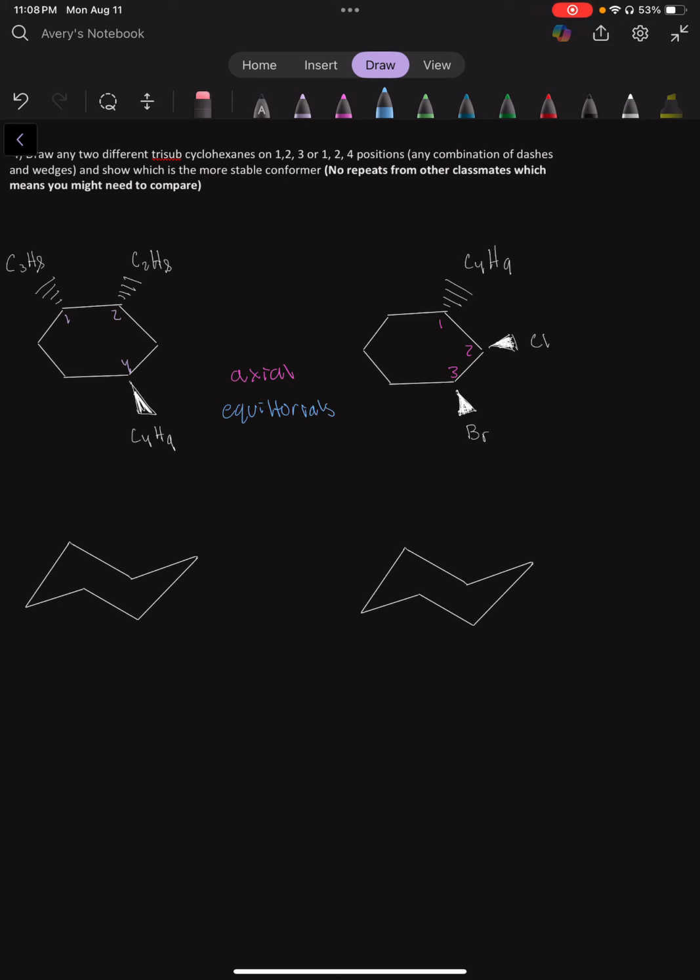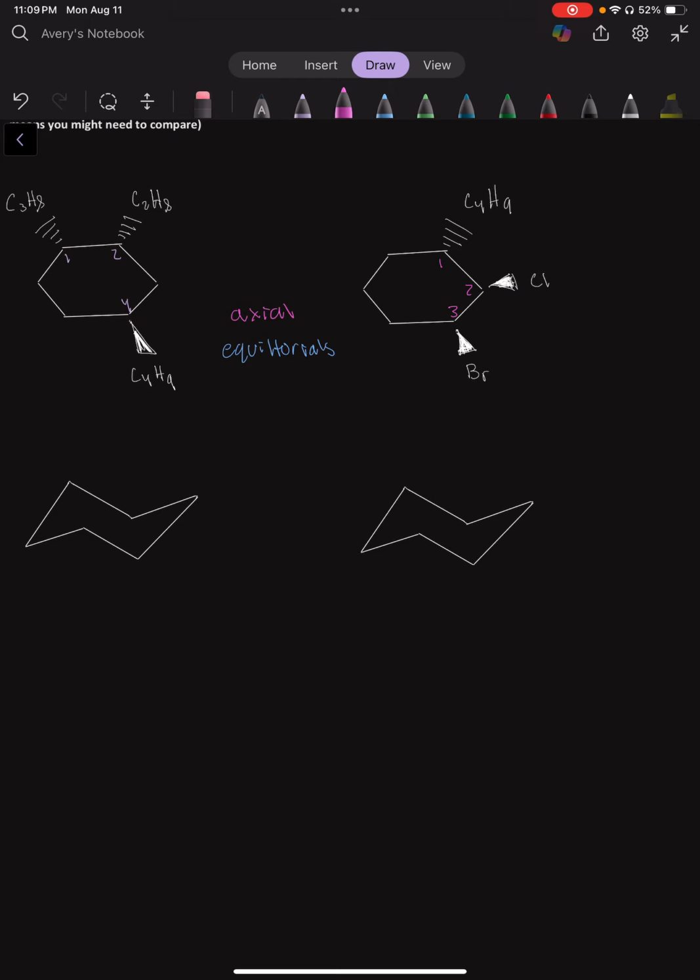When it comes to checking which is going to be more stable, we want the larger functional group to be on the equatorials because it puts less strain on the overall molecule, which makes it more stable. When we have it on the equatorial, it puts less strain, so it is calmer, which is what we want.